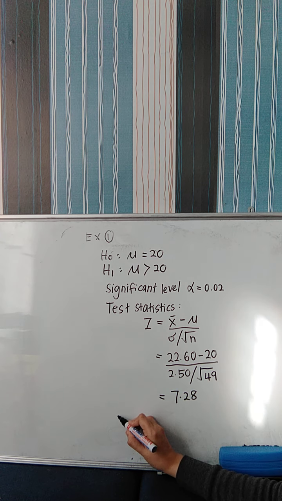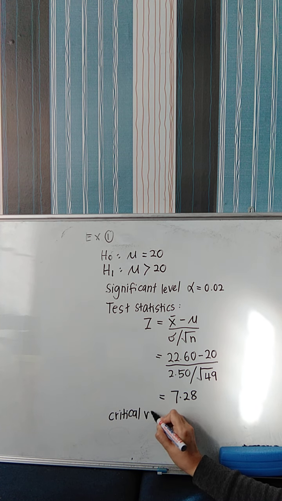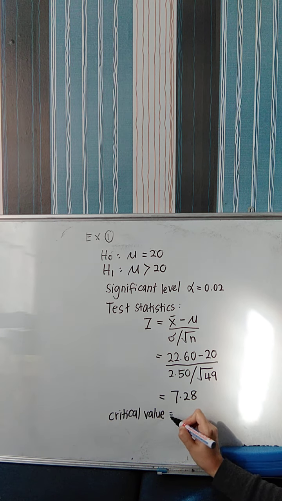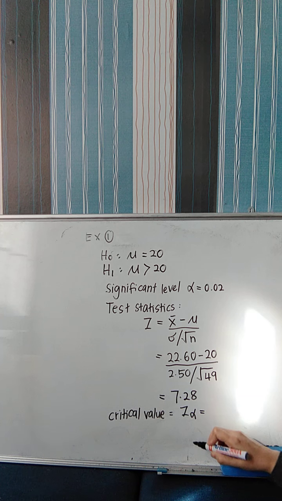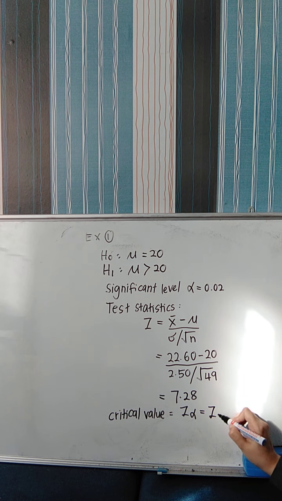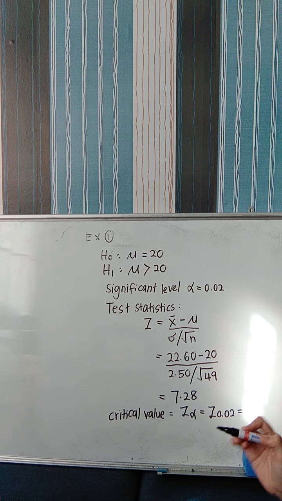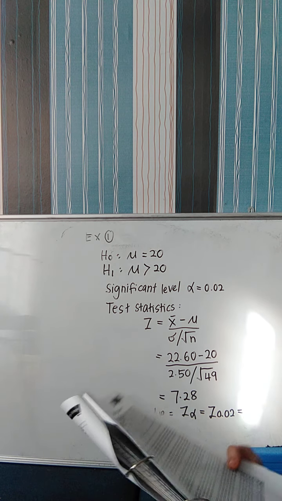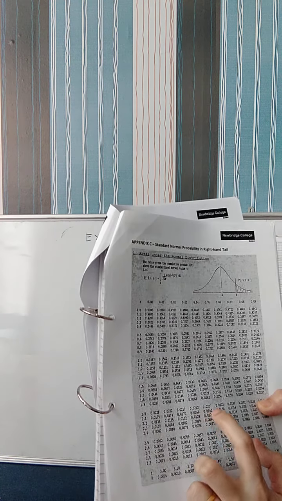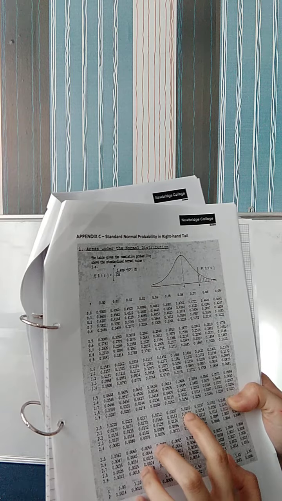Next we continue to the critical value. Critical value equals Z alpha, Z 0.02. Now you need to read the value 0.02 from your table. Find 0.02 from the table or approximate to 0.02.